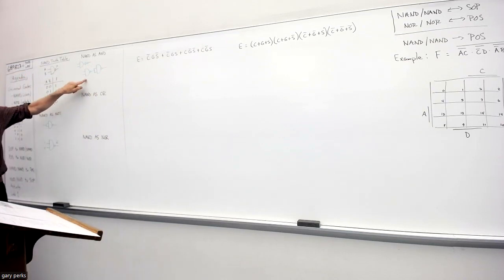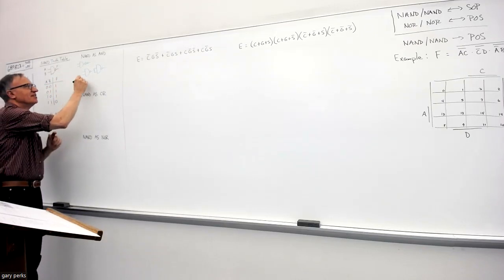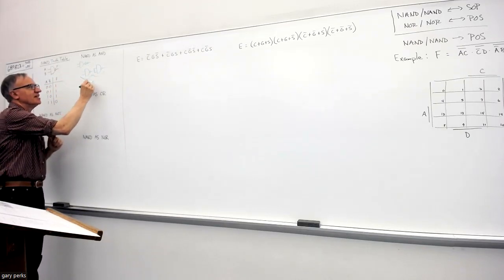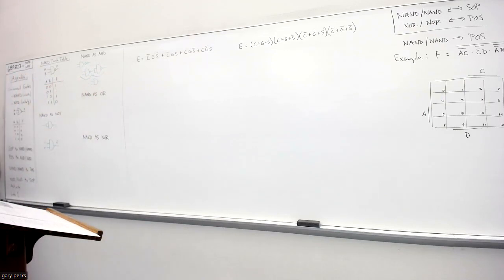If I just took a NAND, which is equal to an AND with an inverter on the output, and then put a NAND that I'm using as an inverter, now this together is an AND. So you see 2 NAND gates make your AND. Okay. Any questions on that one?